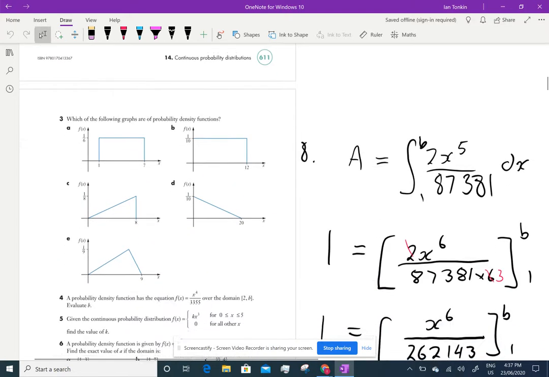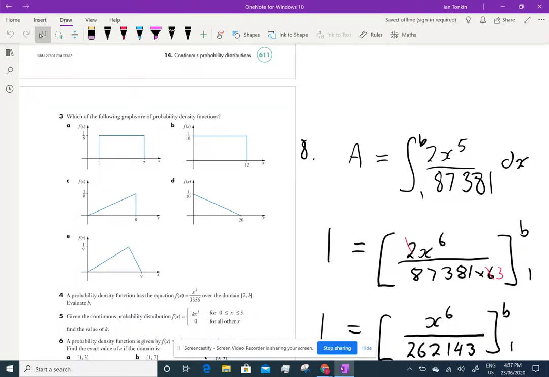For example, here are some. This could be, although it's not because it's going from 1 to 7, the probability of these events here all equal 1/6. This distance is 6 and that height is 1/6. So 6 times 1/6 equals 1. So that's a probability density function.